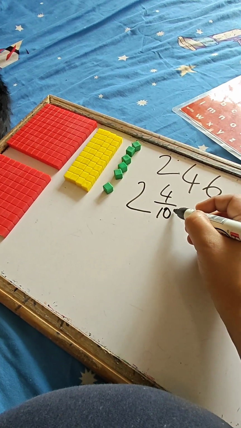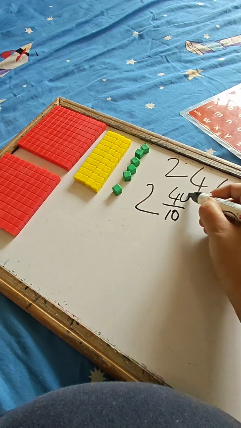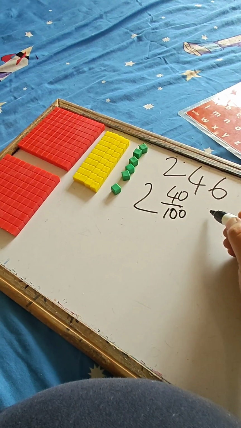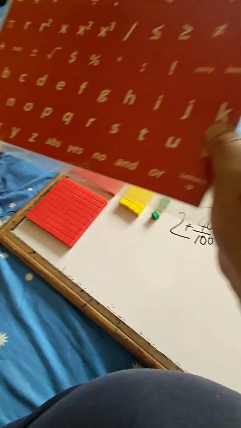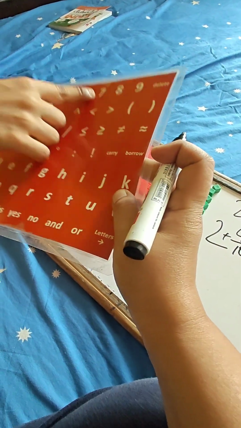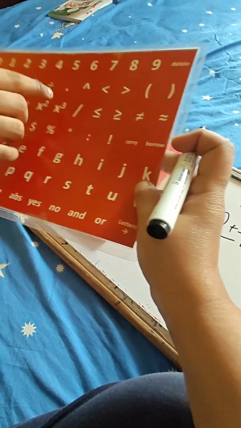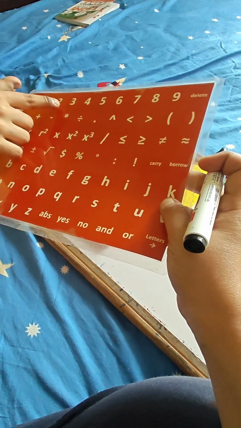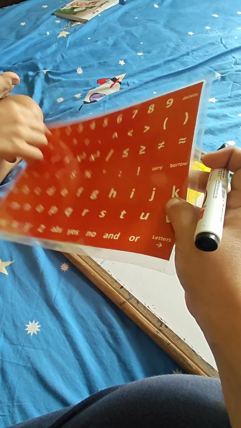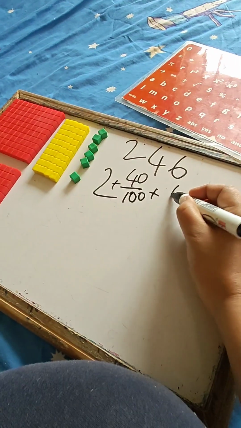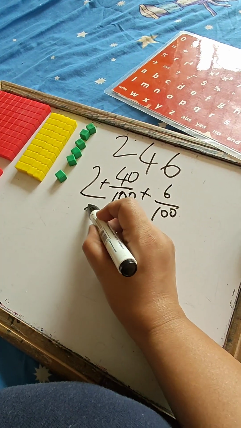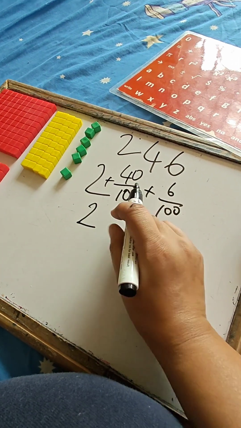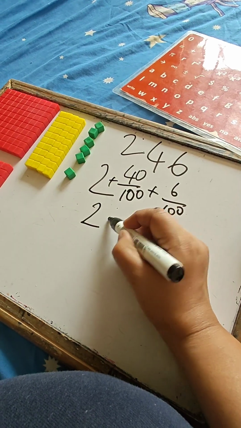4 of 10, because it is 40, okay, 40 of 100, plus 6 out of 100.